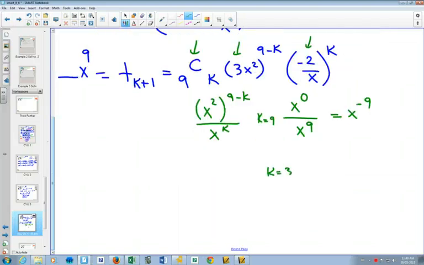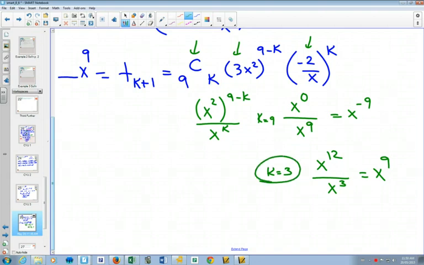Someone said try k equals 3. What is 9 minus 3 going to be? That's going to be 6. That's going to give us x to the 12 on the top. And if k is 3, that's going to give us x to the 3 on the bottom. When this simplifies, we get x to the 9. So we just figured out that k has to be 3.